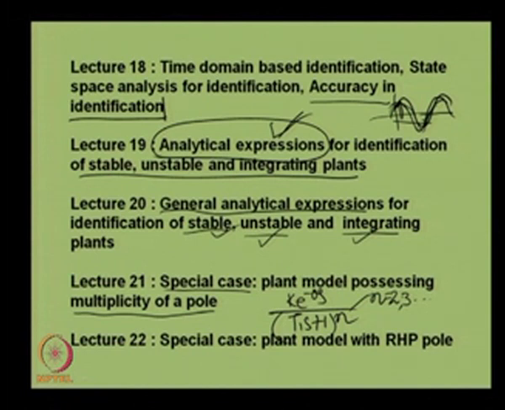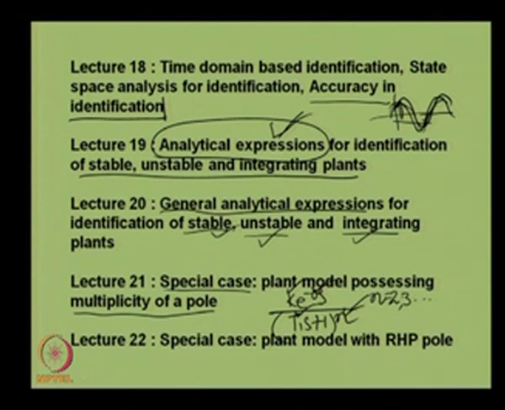So, we shall have a few more special cases on this when n equals 2, when n equals 3, what should be the analytical expressions and how we can solve the set of analytical expressions using certain nonlinear equation solvers and find the unknowns of the plant model parameters, which are k, theta, T1 and n.